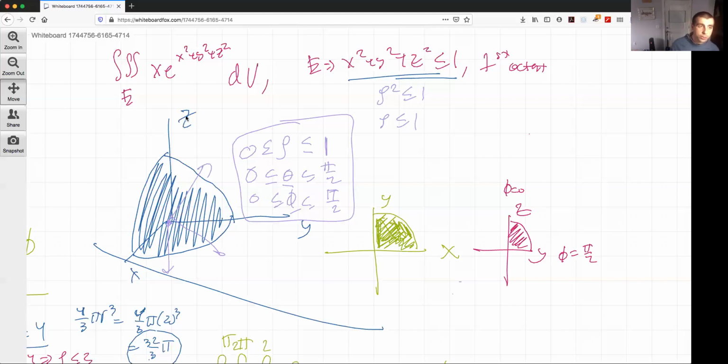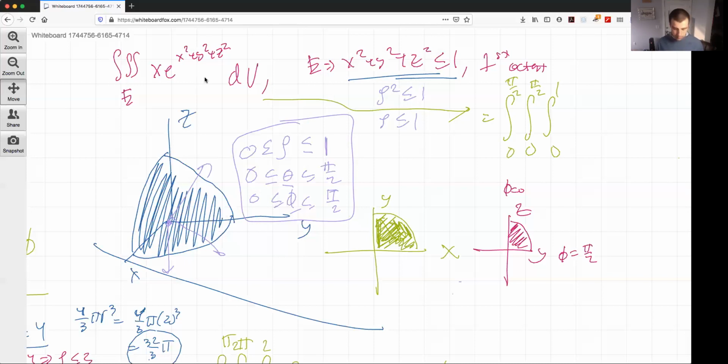A couple things I'll need to do to really change everything too. This integrand needs to change to spherical coordinates. Remember, my x is rho cosine of theta sine phi. This will change it to a rho squared. And I have to remember to do my rho squared times sine of phi. So let's do all of that over here, which will now become 0 to 1, 0 to pi over 2, 0 to pi over 2.